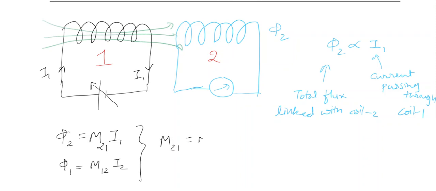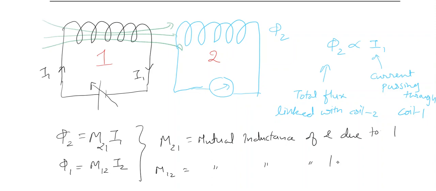M21 is the mutual inductance of coil 2 due to current passing through coil 1, whereas M12 is the mutual inductance of coil 1 due to current passing through coil 2.